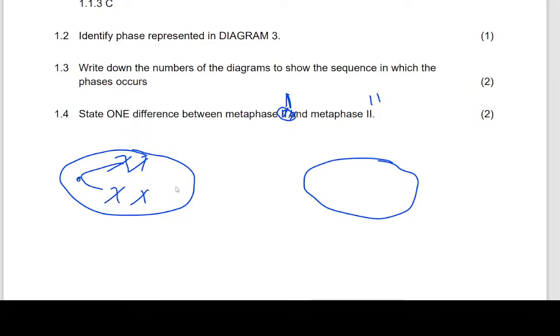That is the commonality both of them have. But in metaphase 2, because the cells have split, cytokinesis has occurred. In metaphase 1, chromosomes align along the equator in homologous pairs randomly, and here, chromosomes align along the equator singly.